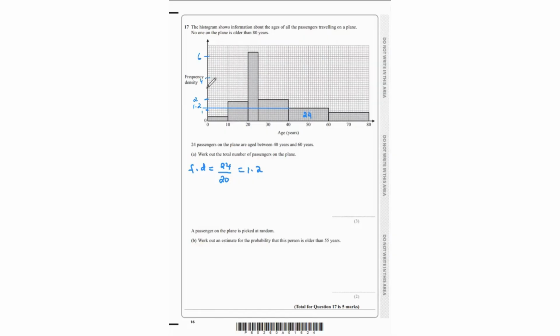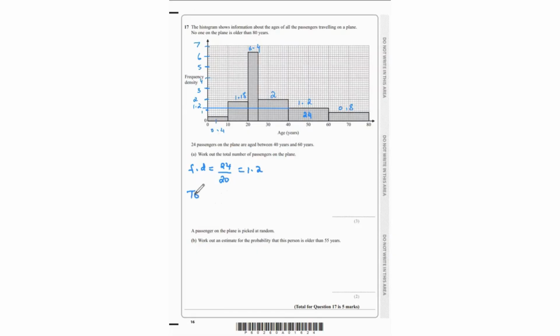That's 5, and that's going to be 7. Okay, so now we can figure out the frequency density for the other ones. This is going to be 0.4. This is going to be 1.2, 1.4, 1.6, 1.8. This is 6.4. This is 2. This was 1.2. And this is going to be 0.8.